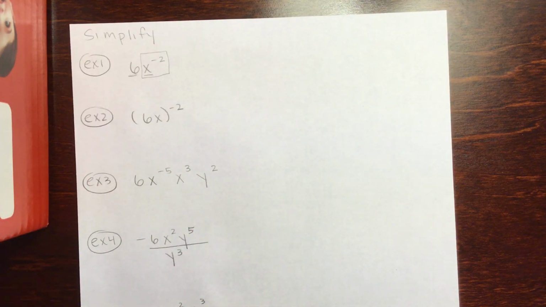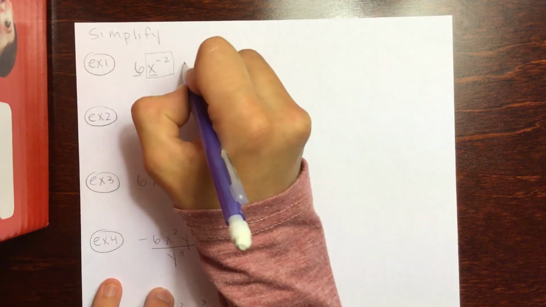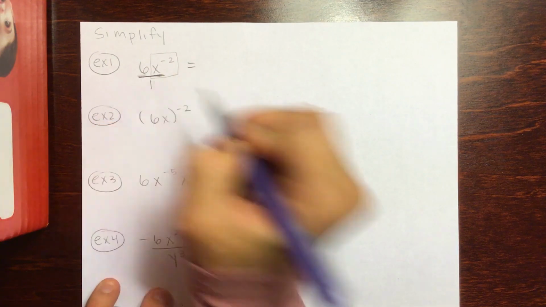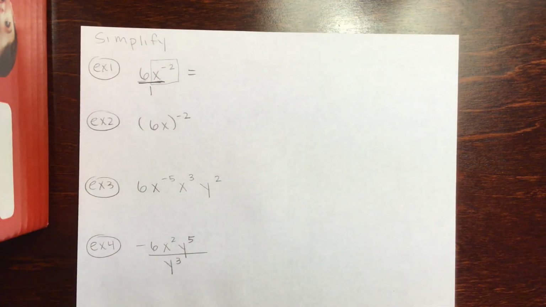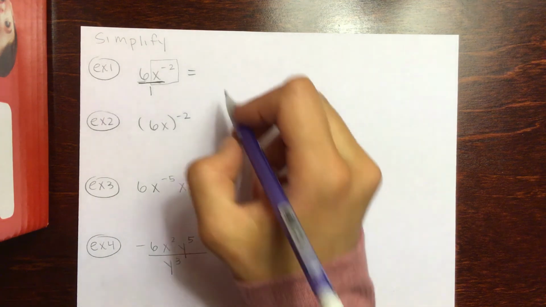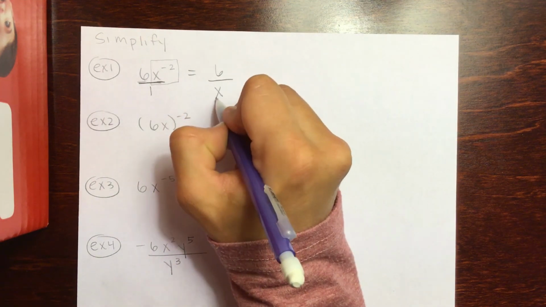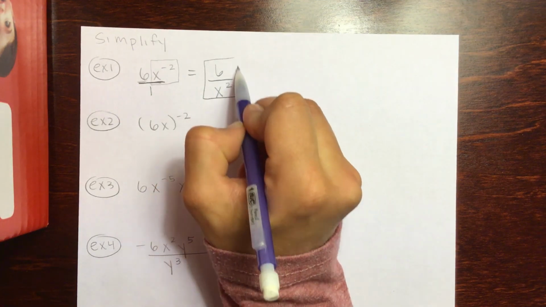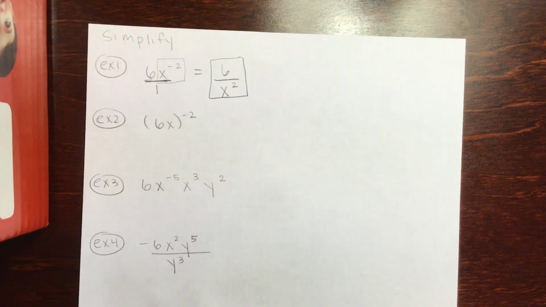It's 6 times x to the negative 2. That means I only want to move the x. Remember, if you're negative, you need to move in order to be positive. So that means the x needs to move from the top of the fraction to the bottom of the fraction in order to be positive and happy. Now, we're done. It's simplified.